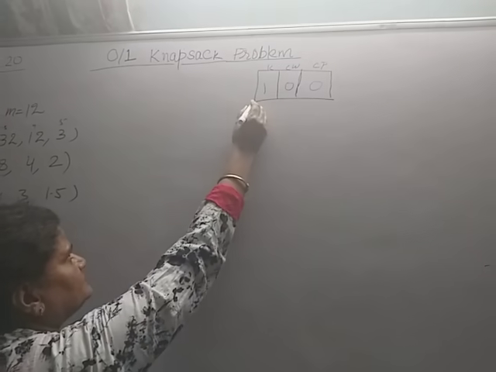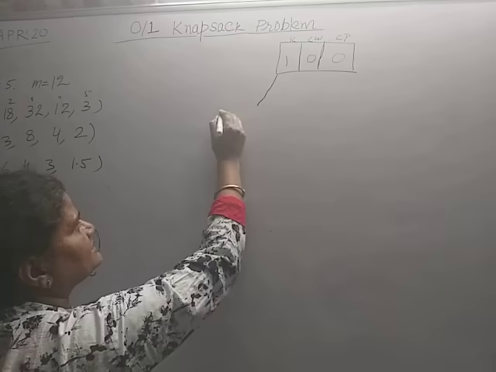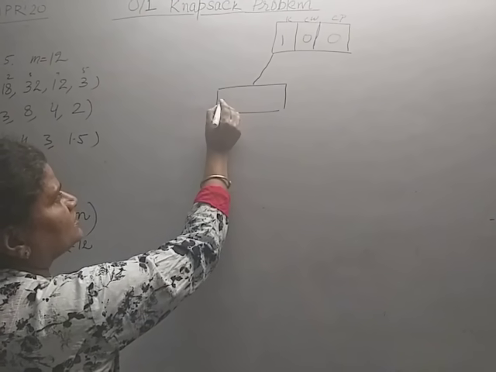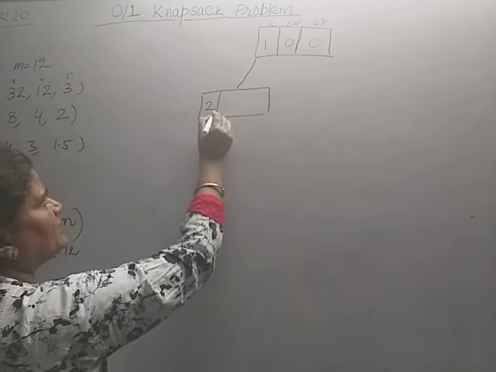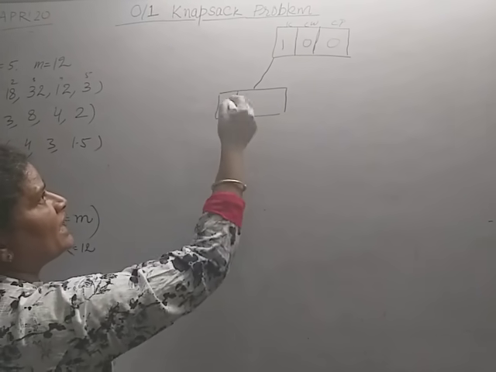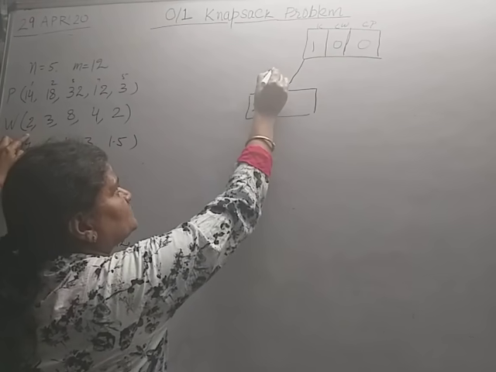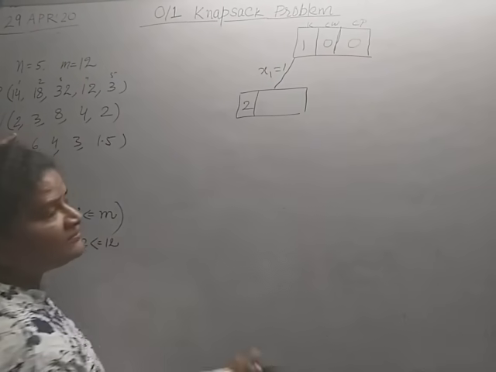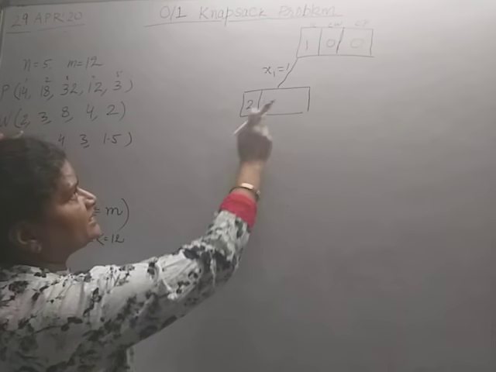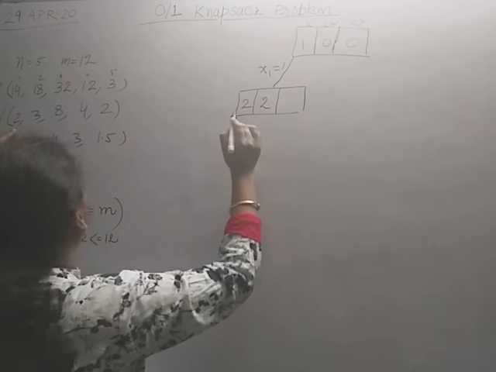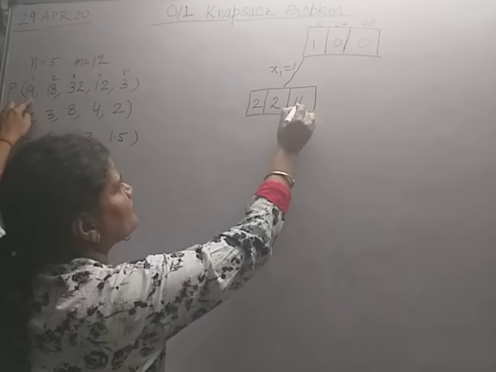Here it is 2. Now the recursion is called for 2, and because the first weight is included, x1 equal to 1. When the first weight is included, the current weight at this time is 2 and the profit earned is 14.